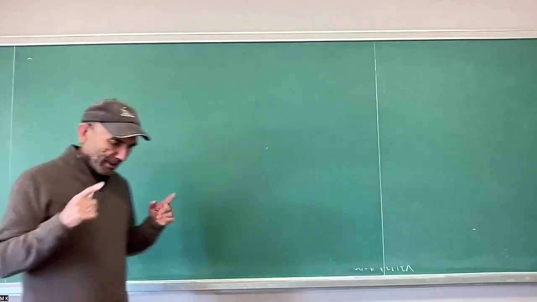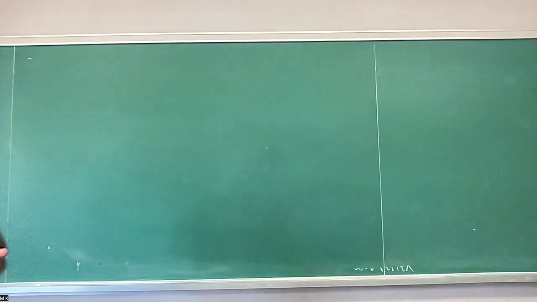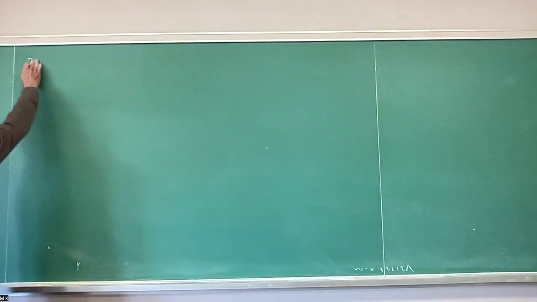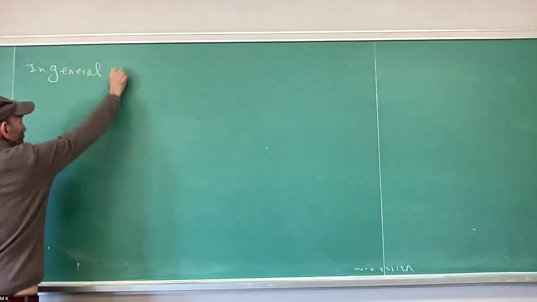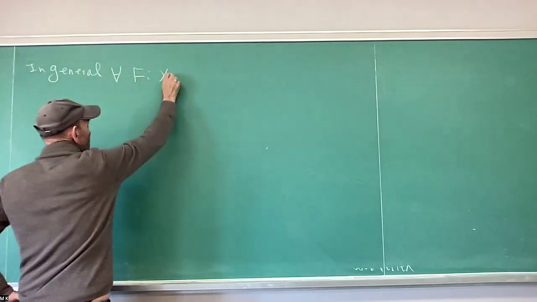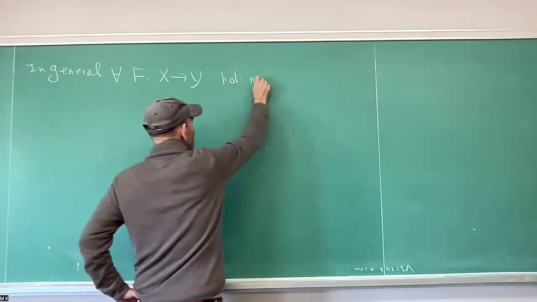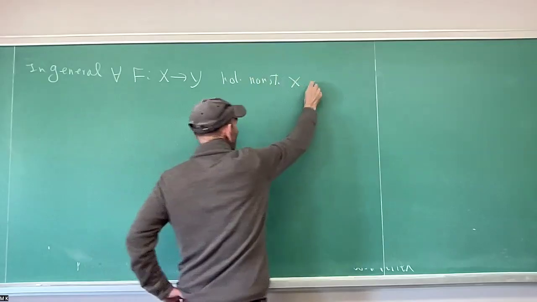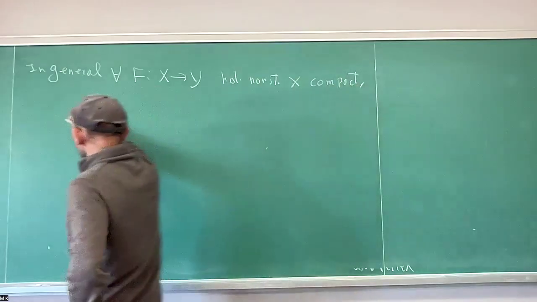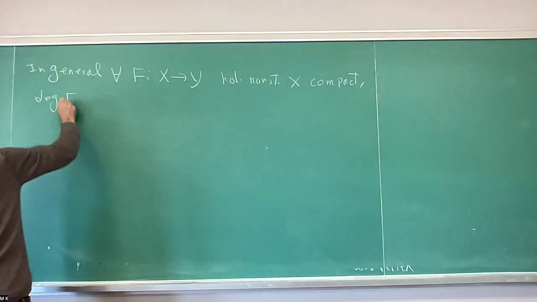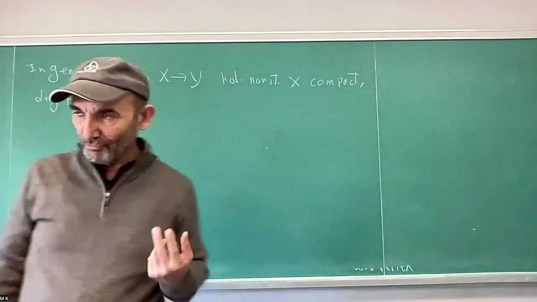Now we can form an image of holomorphic maps between compact Riemann surfaces. There are two types, right? In general, for any f from X to Y, holomorphic, non-constant, X compact, with degree of f equal to d, two things can happen for such a function.